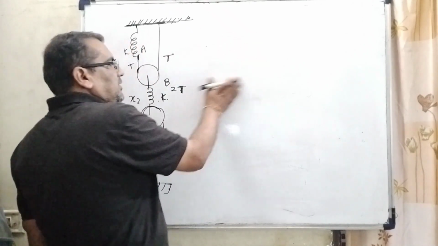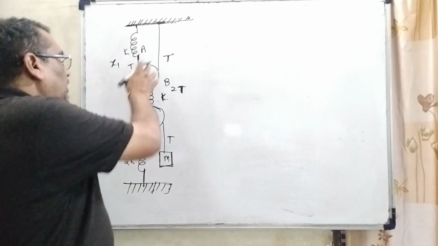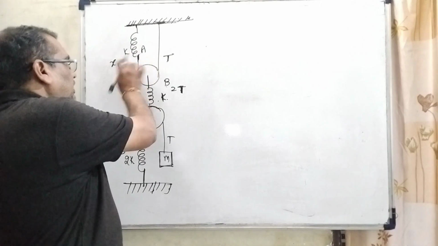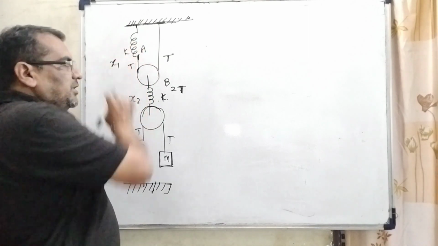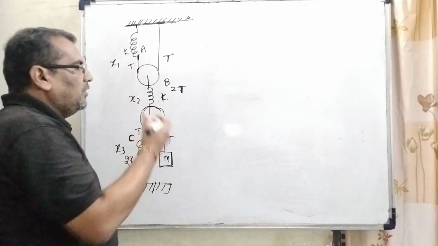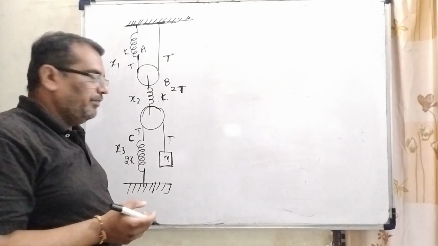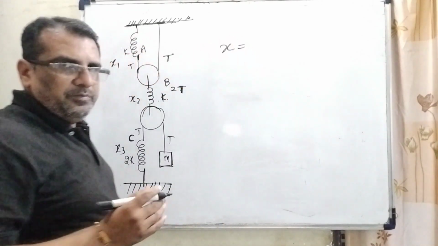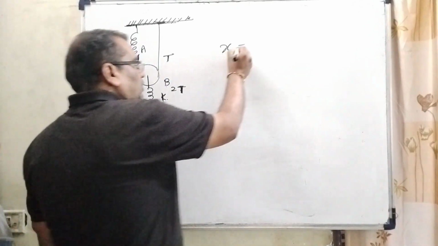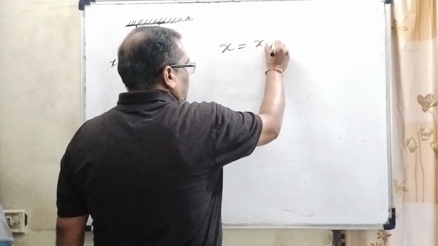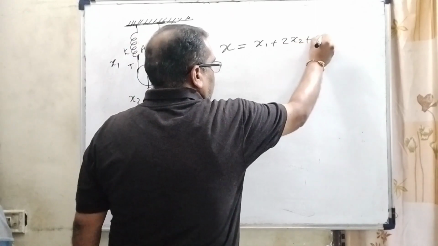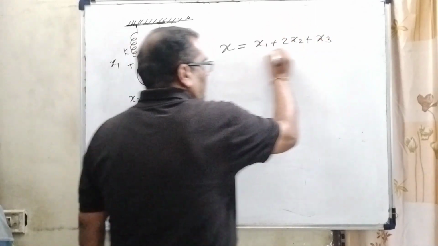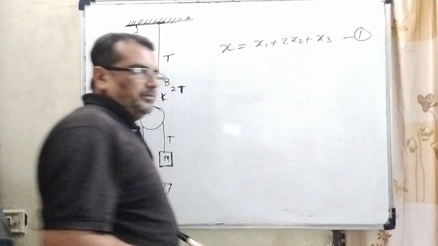So this is the constraint relation. Here you can see that for tension T, the elongation is x1. Here for 2T, the elongation is 2x2. So the net elongation is x, as considered in the question. So x = x1 + 2x2 + x3. Consider this as the first equation.